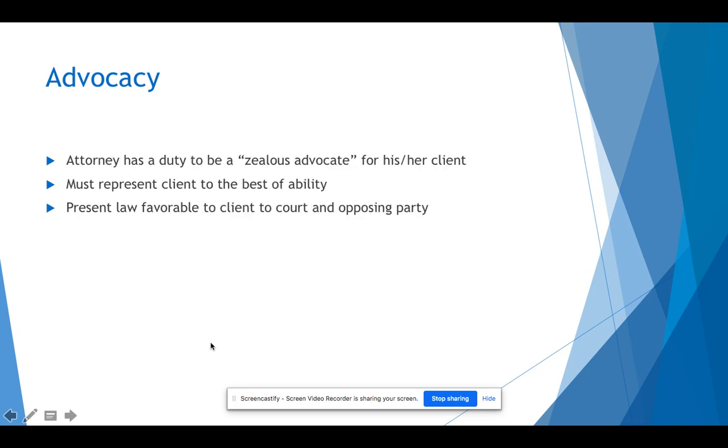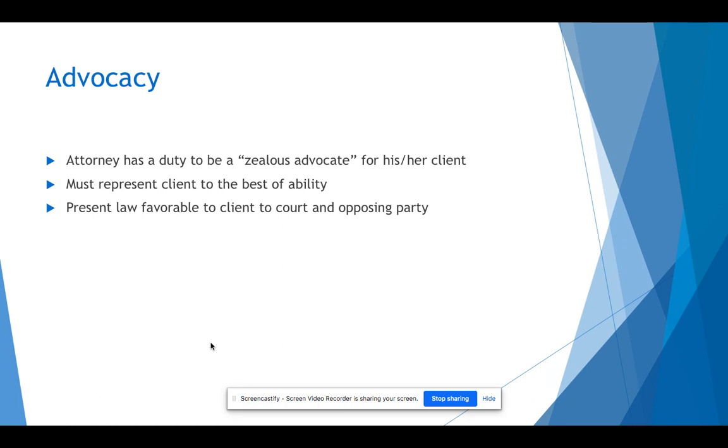Okay, so we talk about advocacy. Advocacy means you are trying to act on behalf of your client in a positive way towards them. An attorney, part of their duties when you swear your oath, is you have a duty to be a zealous advocate for your client. So you might say, oh, how do lawyers defend murderers and something like that?